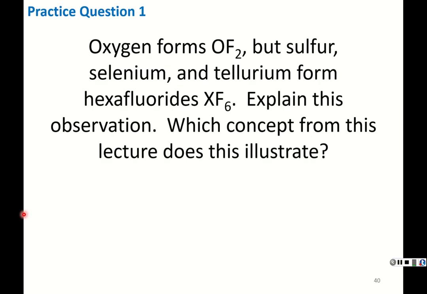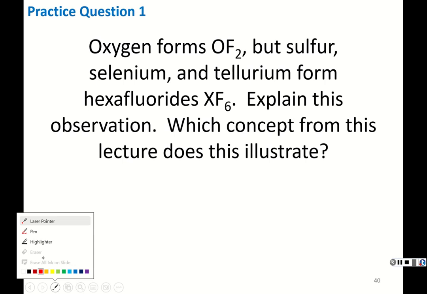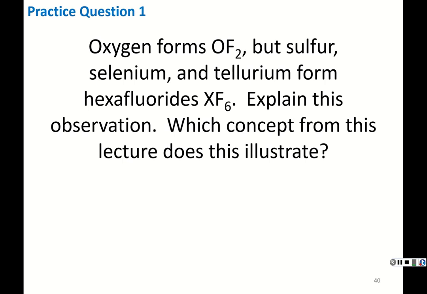All right, so let's try some review questions with these principles. These are fairly simple questions. Oxygen forms OF2, but sulfur, selenium, and tellurium form hexafluorides. Explain this observation.